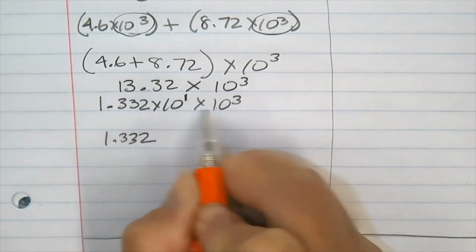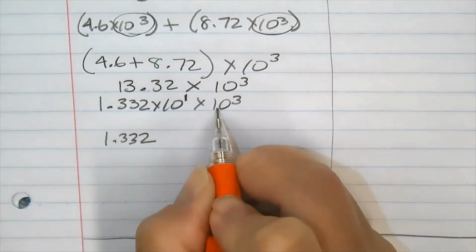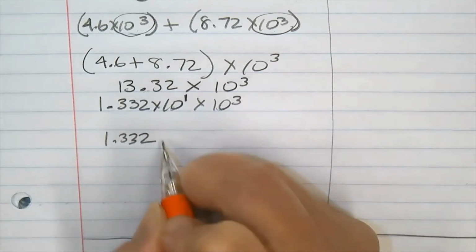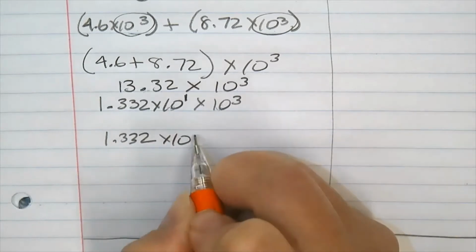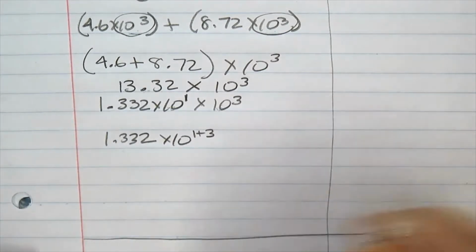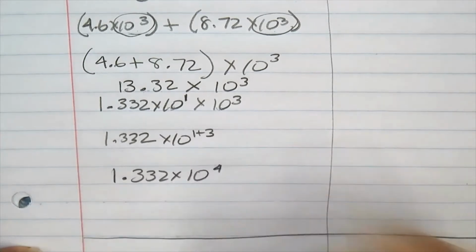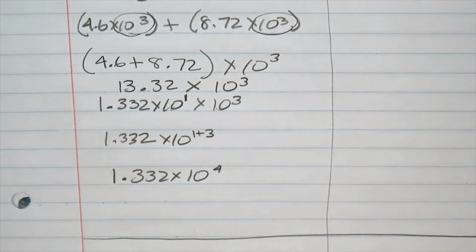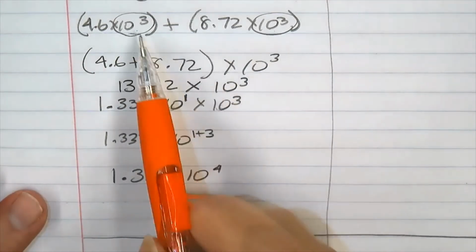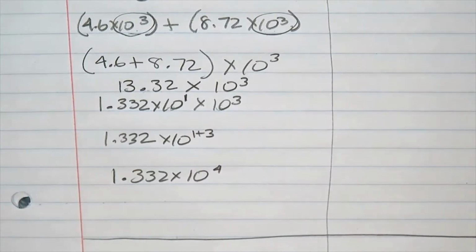Since my base is the same, I'm going to add my exponents, and I end up with 1.332 times 10 to the 4th. So when we're adding and subtracting scientific notation, we need that power of 10 to be the same.